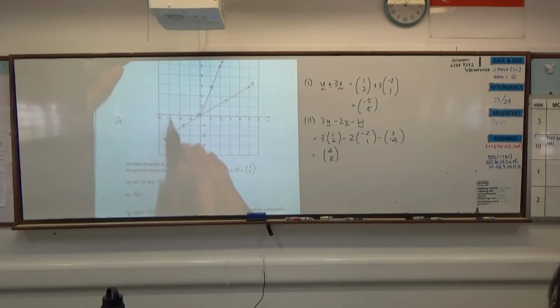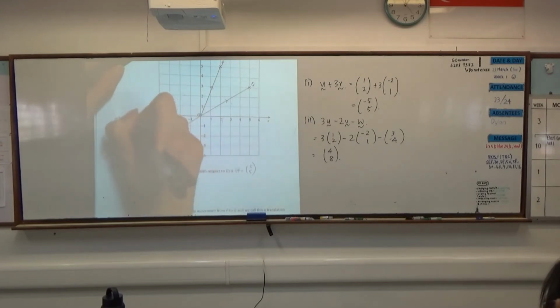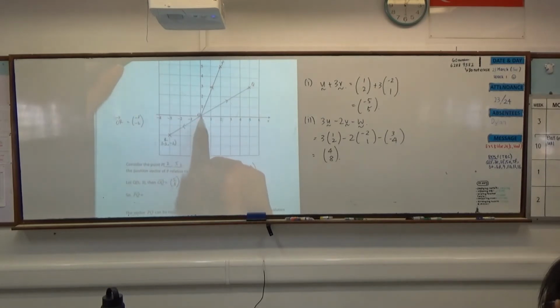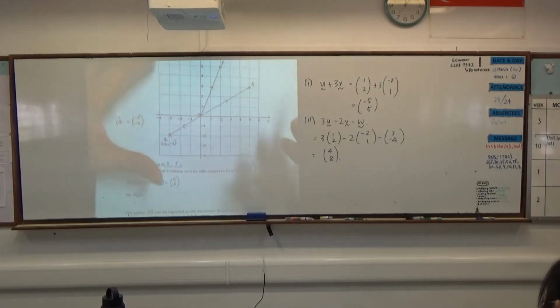R has the coordinates of -3, -2. The position vector will be -3, -2 as well, because it is from O, 3 units to the left, 2 units downwards. So there is some consistency between our coordinate system and position vectors.